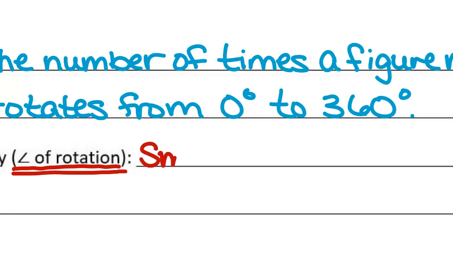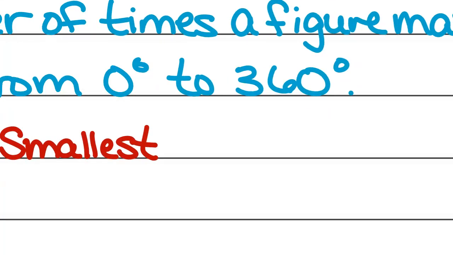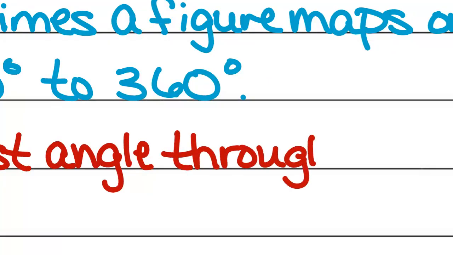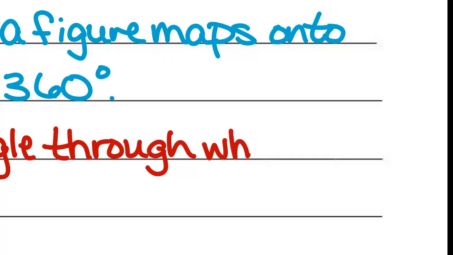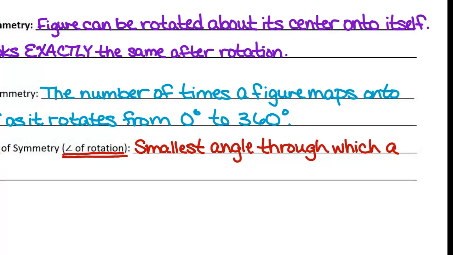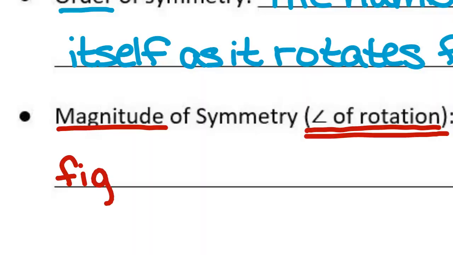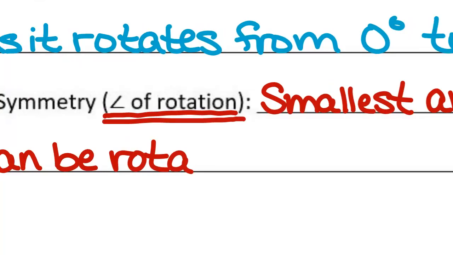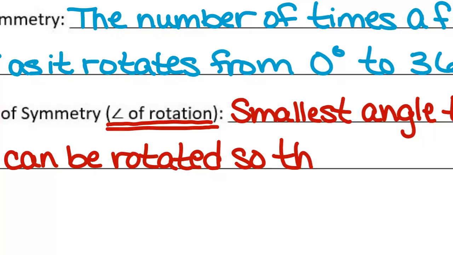This is the smallest angle through which a figure can be rotated so that it maps onto itself.